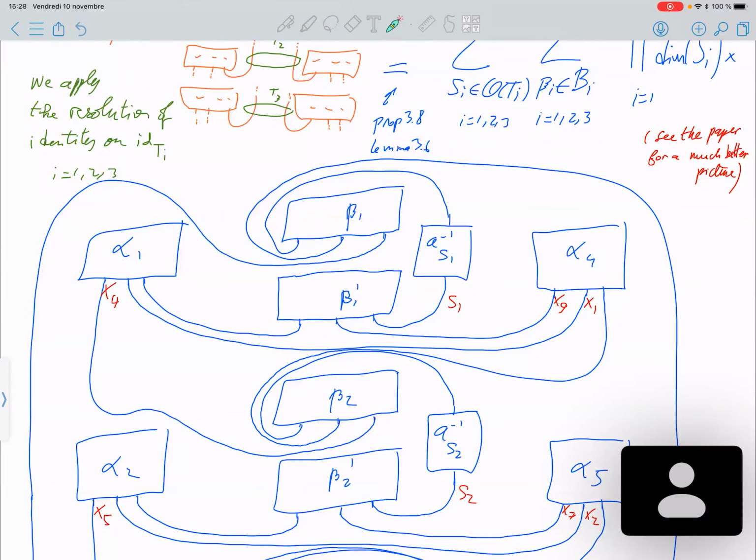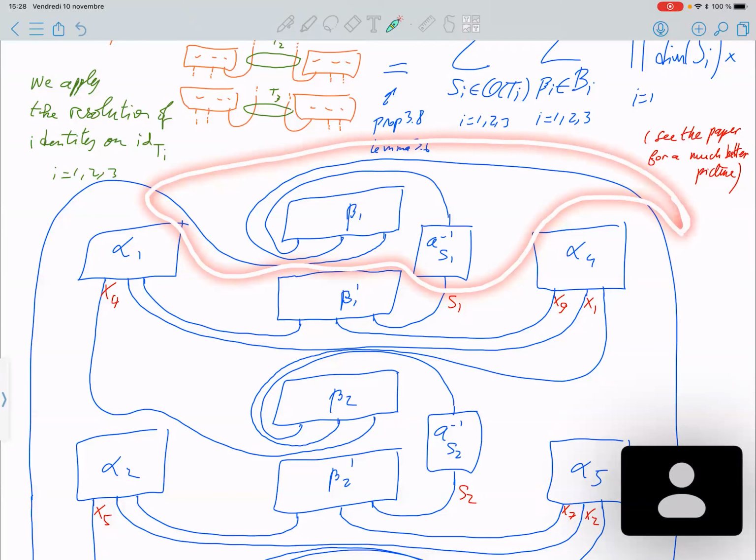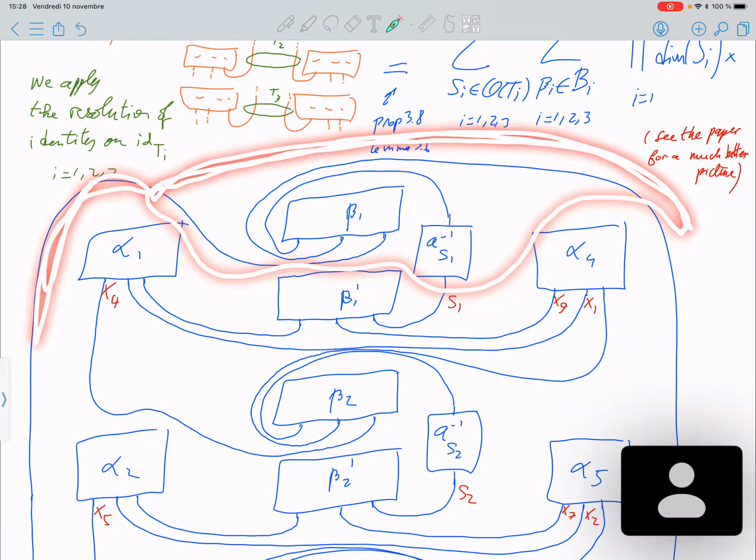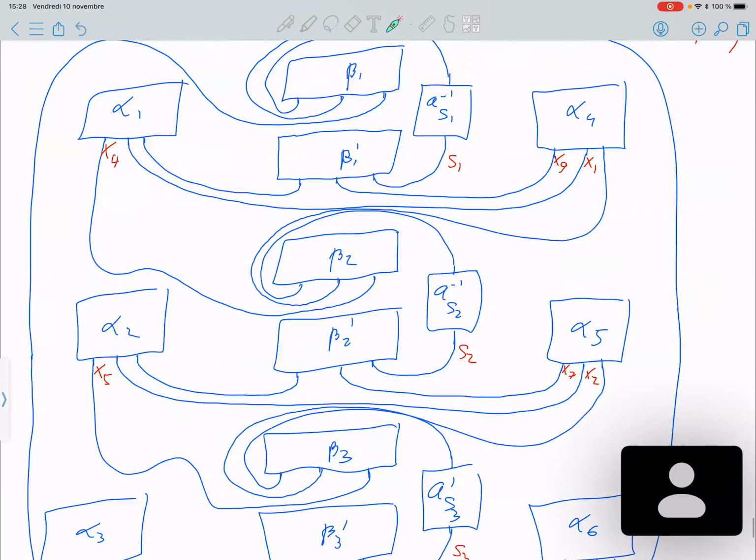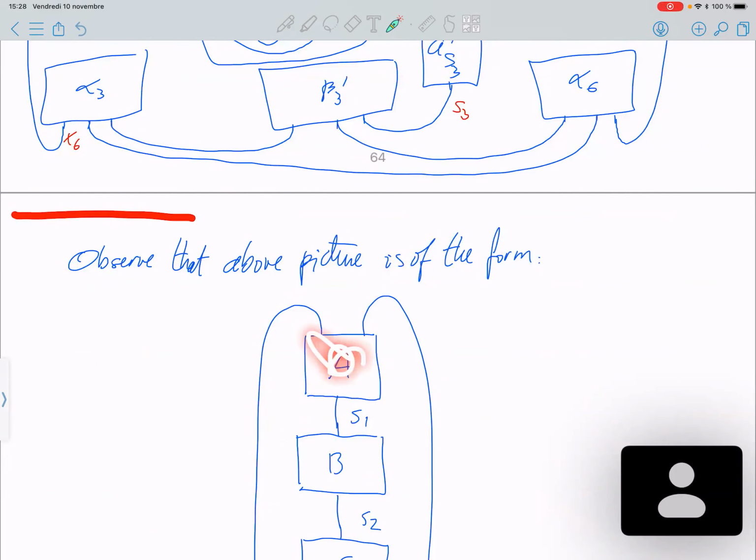So A here is that, if you like, like that. This is A. Then you have this move, and here you have this. So this move, and everything is connected to the rest only by S1. So this is A, this group. So you put everything here, and you really have something like that, and S1.